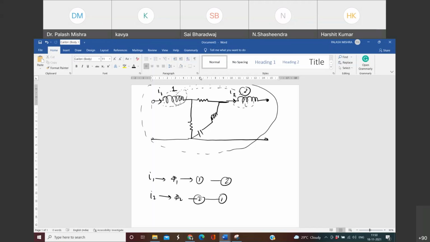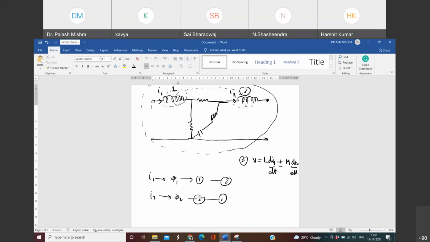Right? So you can say that the voltage in the first coil, I am writing V equals L times di1 by dt, and this plus or minus M times di2 by dt. Everyone agrees with this or not?